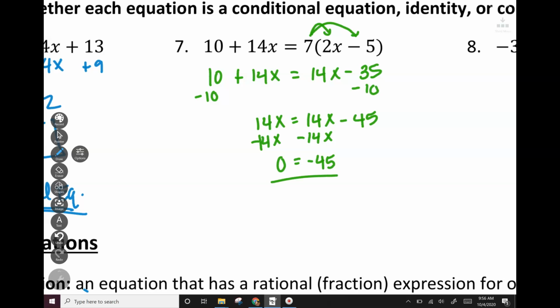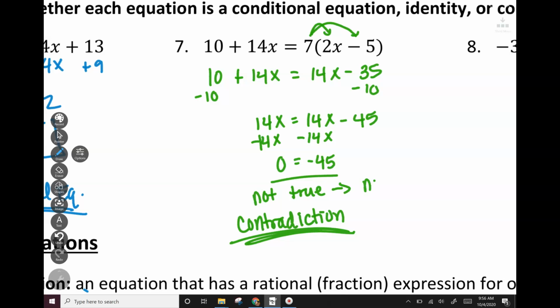But now I have 0 equals negative 45, which is obviously not a true statement. So if you get something like that where it's not true, that's going to be your contradiction. And also, you would say there is no solution there. If you were looking for the solution, you would say there's no solution.